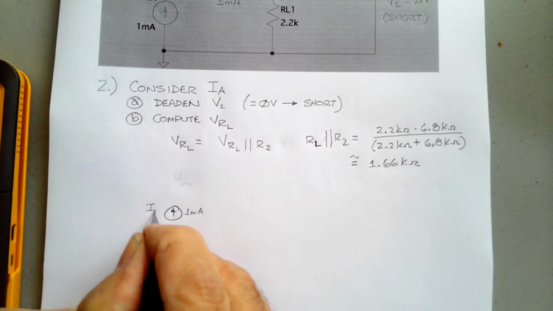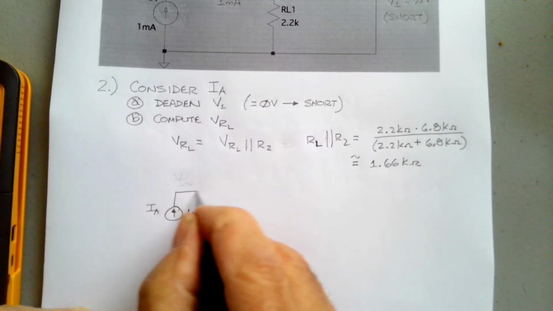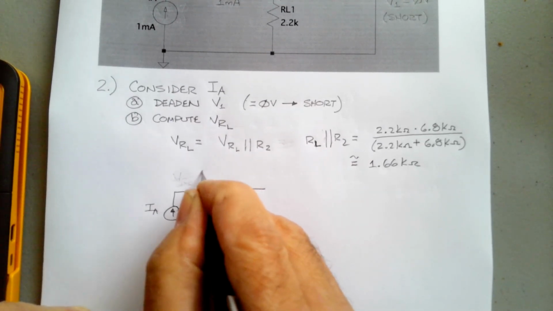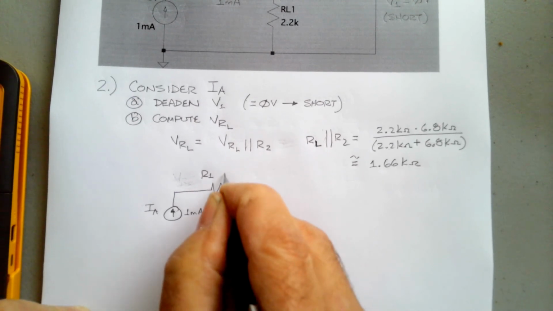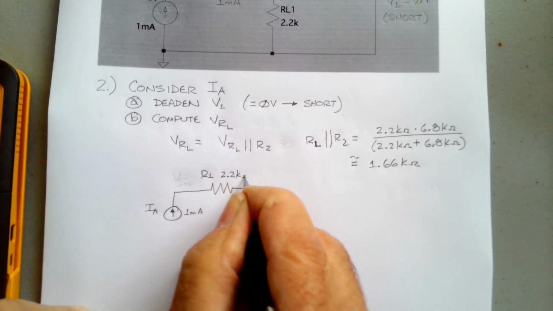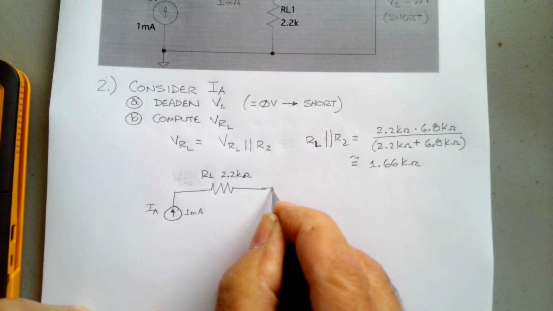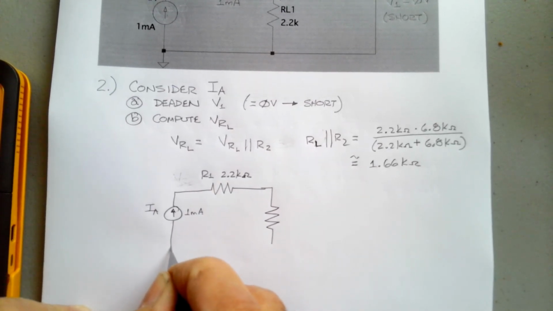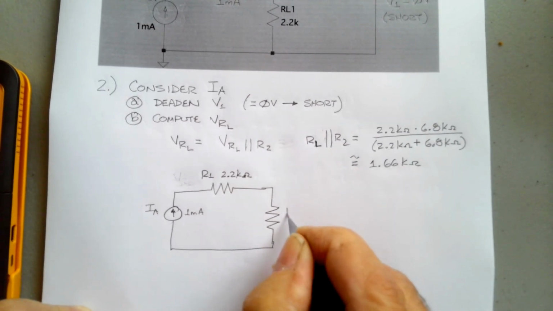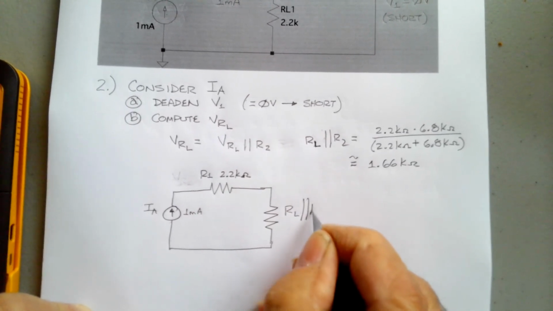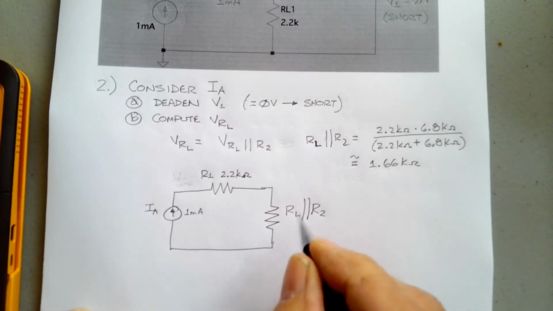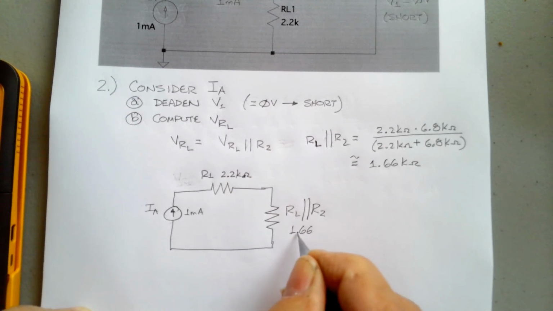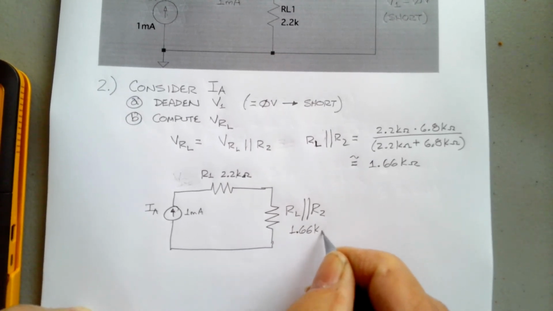This is IA flowing through R1, which is 2.2 K, and then it's flowing through RL in parallel with R2, and that's going to be equal to 1.66 K ohms.